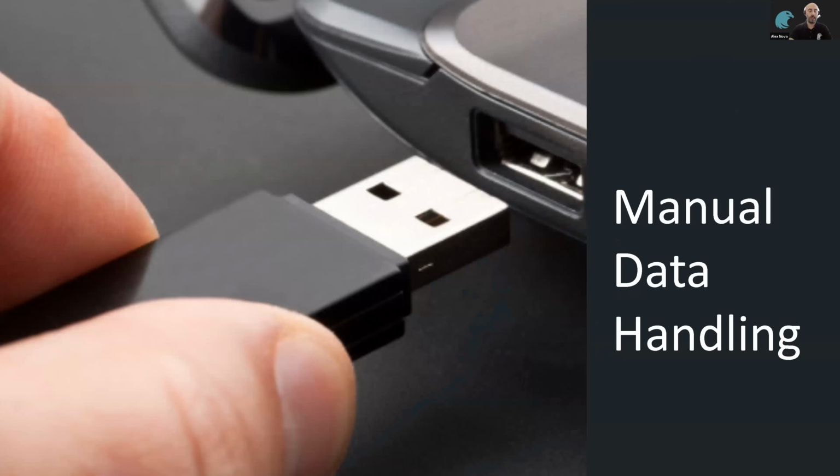Another problem is that most of the data is still being handled manually, which creates a risk of losing the data. So people tend to also finish as much as possible in the field, which, when you can, is fantastic, of course.